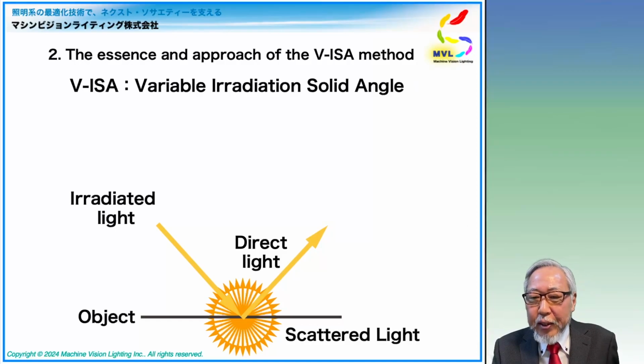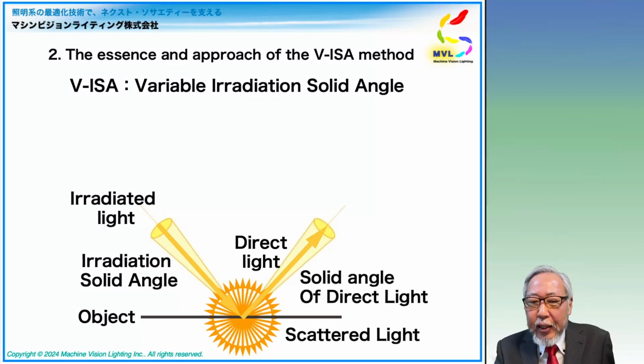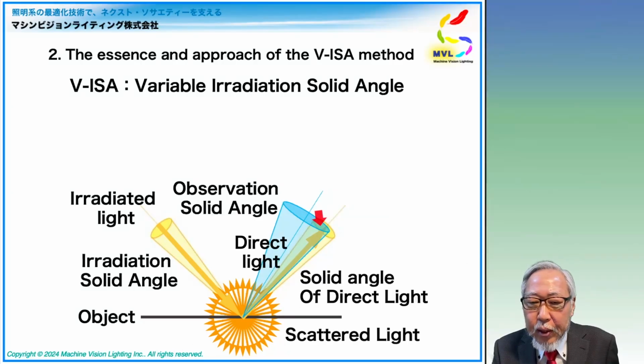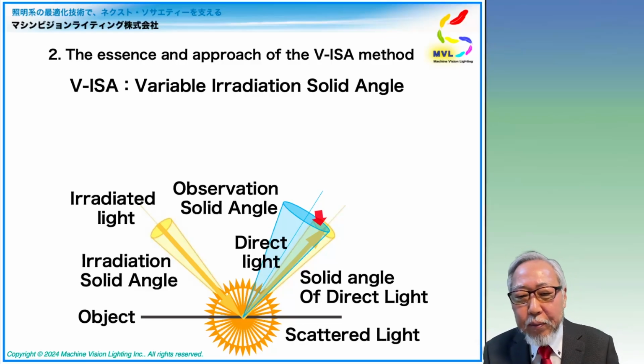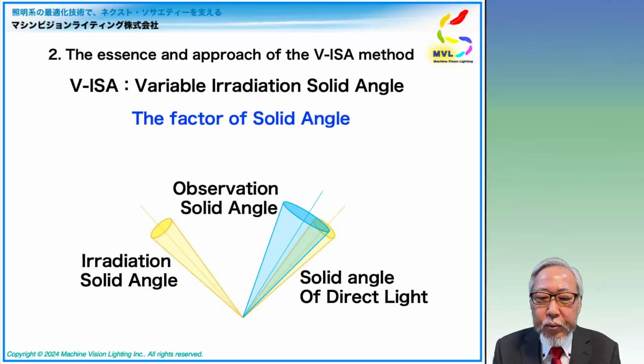As the title says, the irradiation solid angle is the angle range from which the light is radiated onto each point of the object. This irradiation solid angle is stored as the solid angle of direct light, so the brightness of this point is determined by the observation solid angle, the angle range at which it is observed or captured. This is called the factor of solid angle.